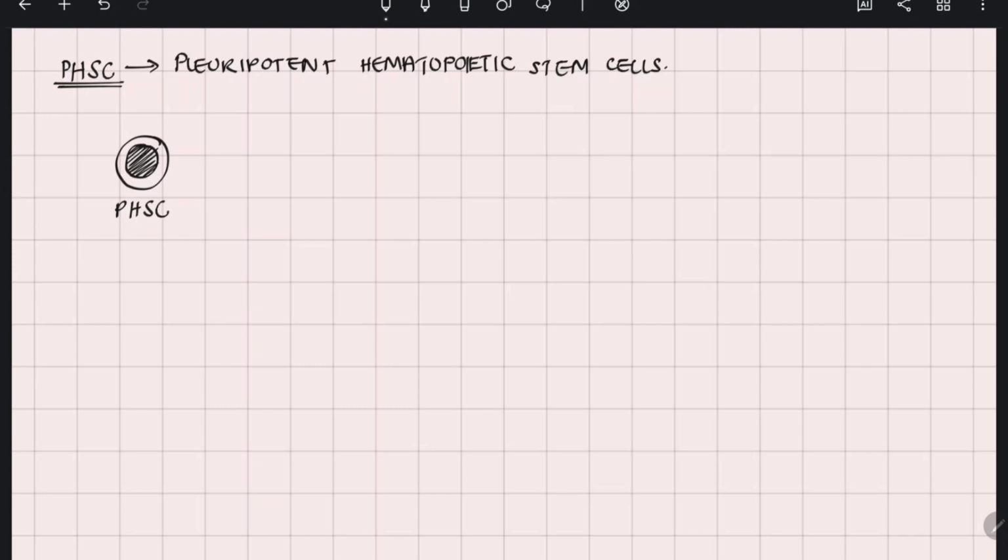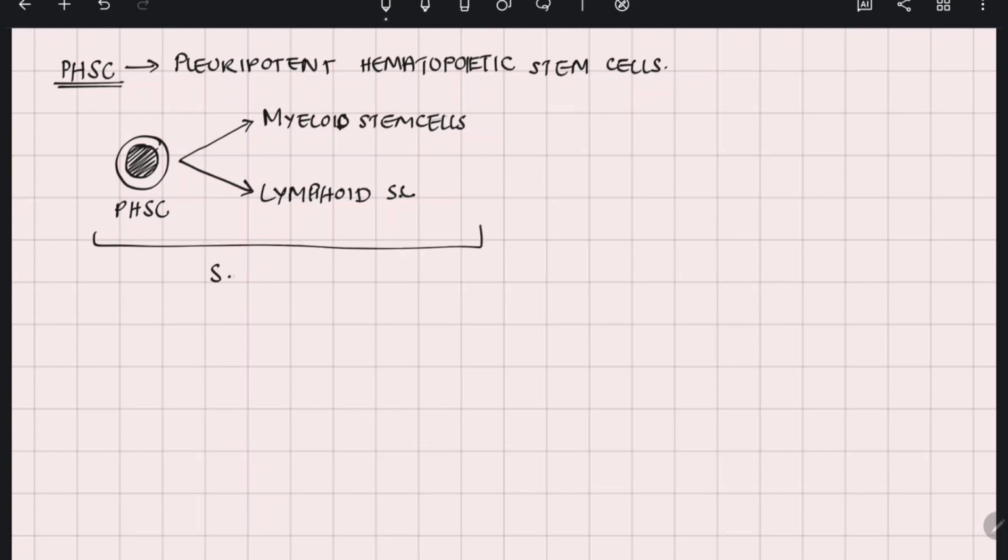Now they will form two major lineages: myeloid stem cells and lymphoid stem cells. I'm just putting SC for stem cells. We are not interested in the lymphoid stem cell that much at this point.